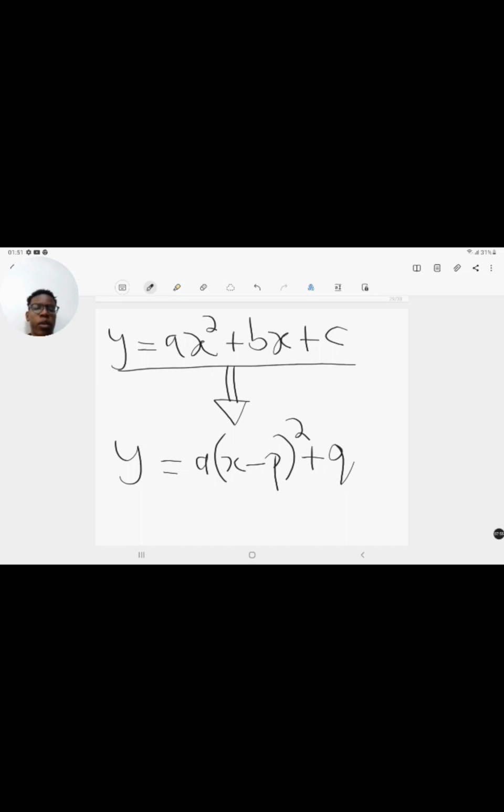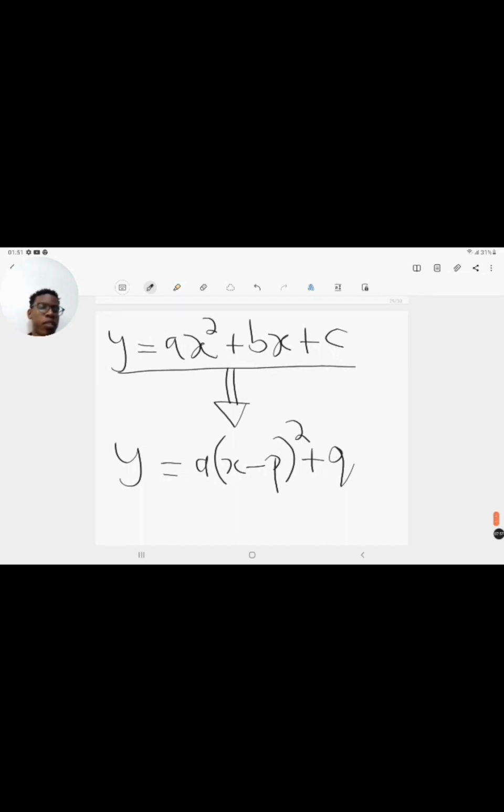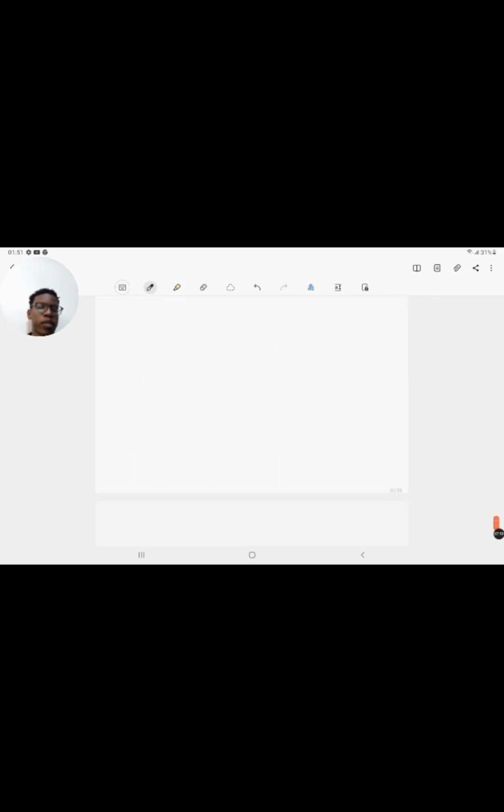But firstly, before we get to that, let's just do a couple of quick examples of how you would go about dealing with this type of quadratic form. Let's say you've got y is equal to (x minus 2) all squared plus 4.